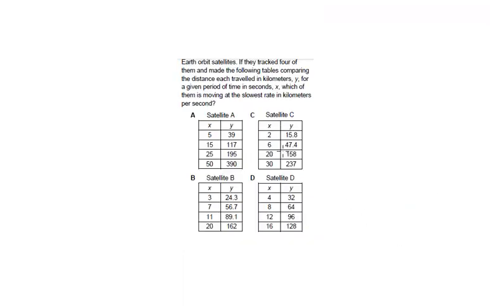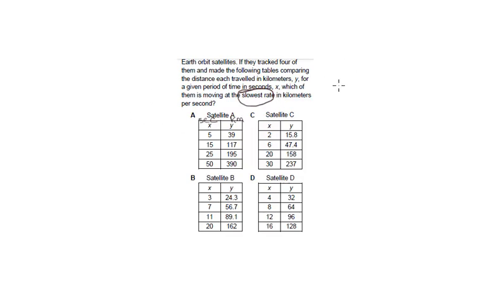In number 3, we're asked to find the table that shows the slowest rate in kilometers per second. And we're told that X is the number of seconds and Y is the kilometers. So we're thinking about rate of change, or slope.